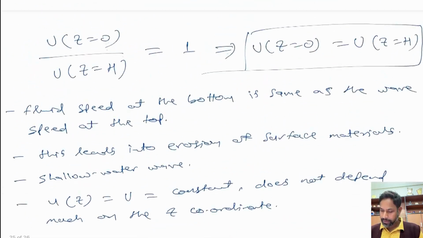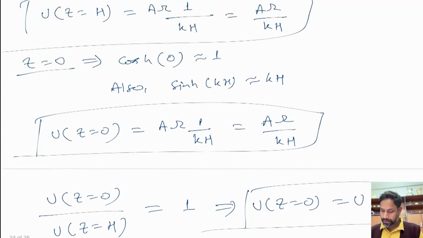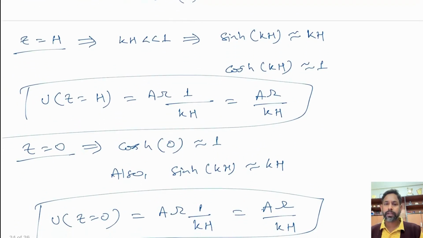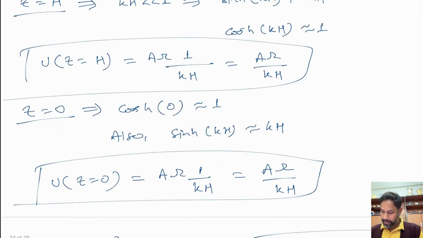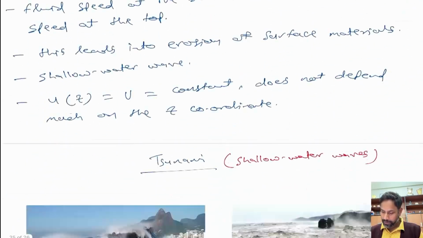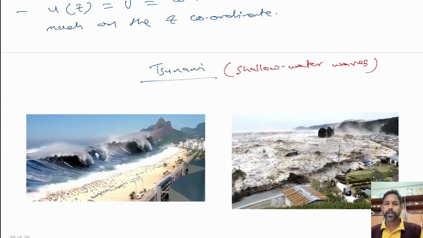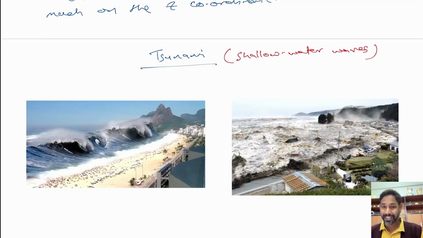In case of deep water wave, the maximum velocity at the top is different from at the bottom. At the bottom we see almost zero maximum velocity, but in case of shallow water wave we have almost the same velocity at all points, and that's why shallow water waves are much more destructive in case of waves like tsunami. Maybe not always, but in this kind of waves which have really large amplitude, etc.